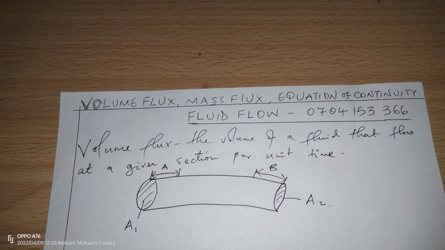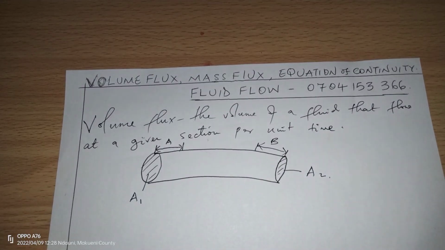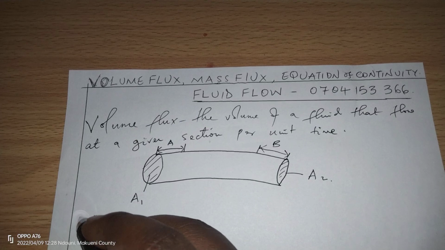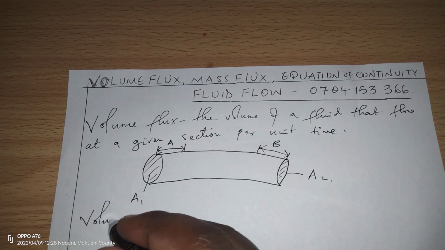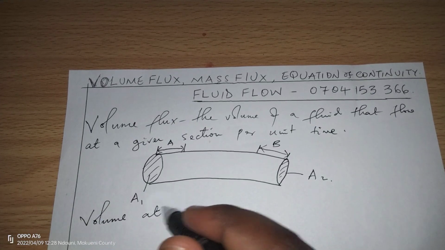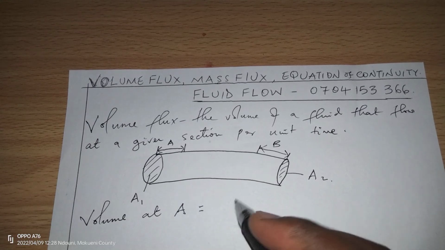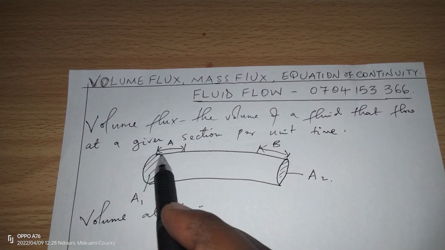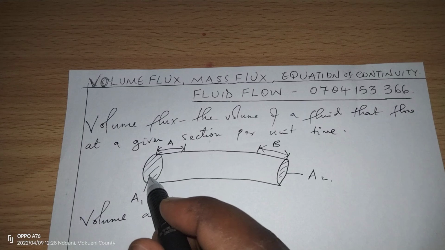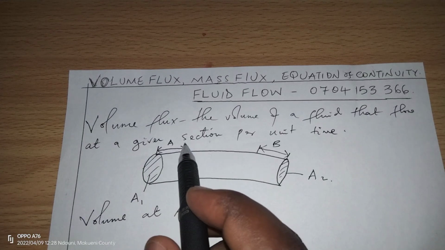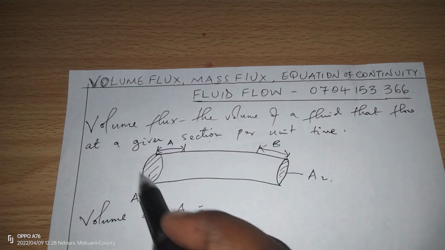Because we are told that volume flux is the volume of a fluid that flows at a given section per unit time, then we can say the volume at A is going to be, we usually multiply cross-section area times this length for us to get the volume at that section.